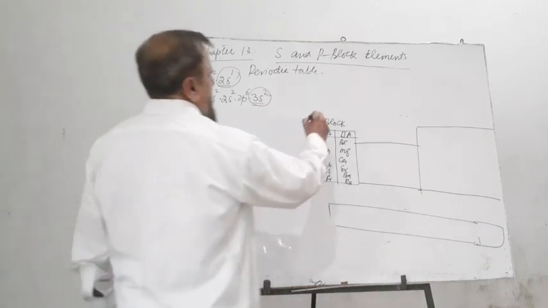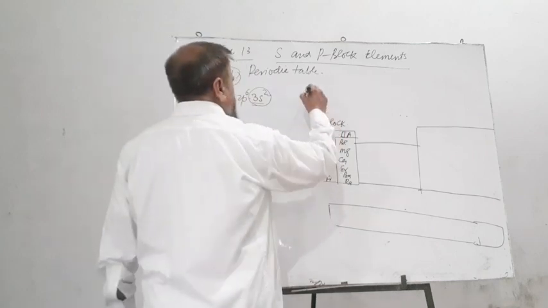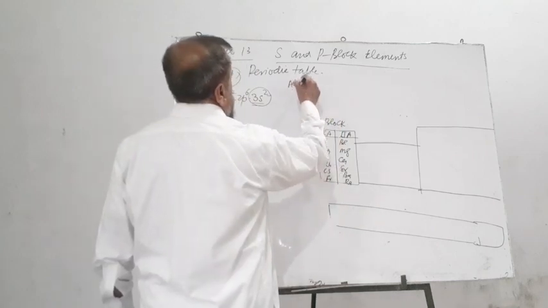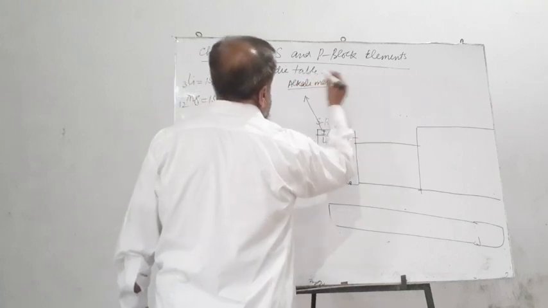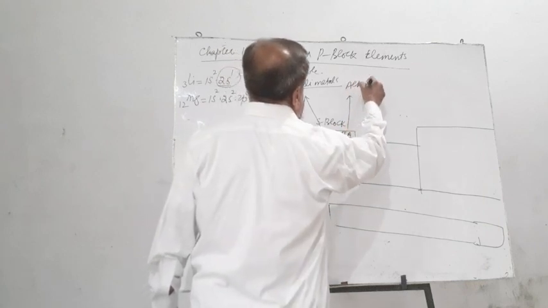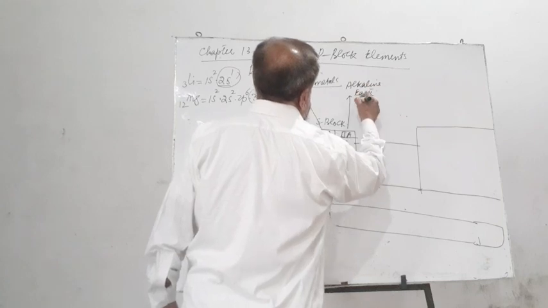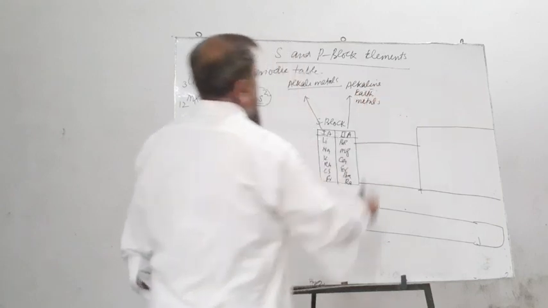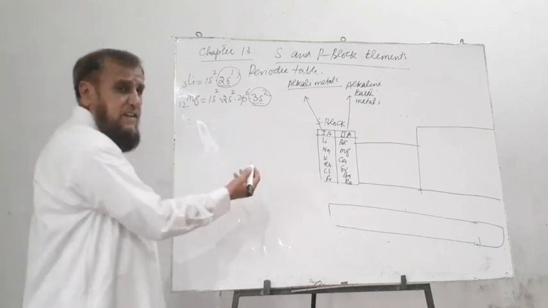Now, these s block elements are further divided into two classes. The elements of group 1A are known as alkali metals. The elements of group 2A are known as alkaline earth metals. Why are they called alkali metals?